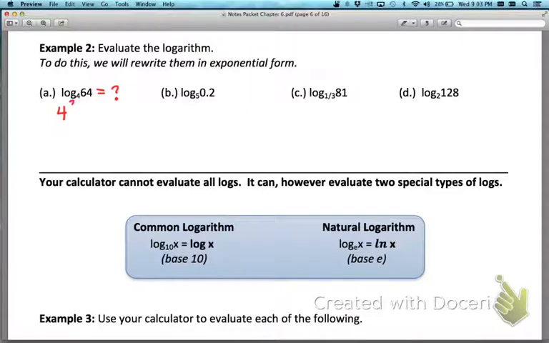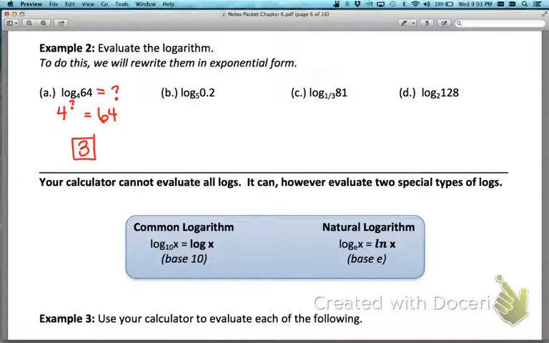The exponent is unknown, but we want it to equal 64. So you just kind of guess around in your calculator. 4 to the first is 4. 4 squared is 16. That's not big enough. 4 to the third power just happens to be 64. So the answer is 3. And it's 3 again because 4 to the third power is 64.